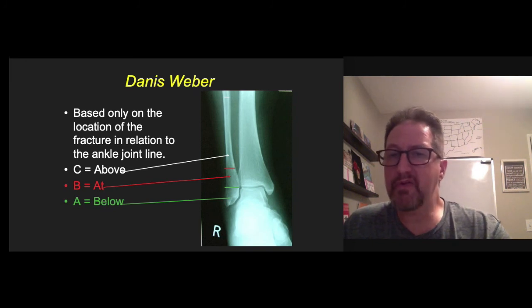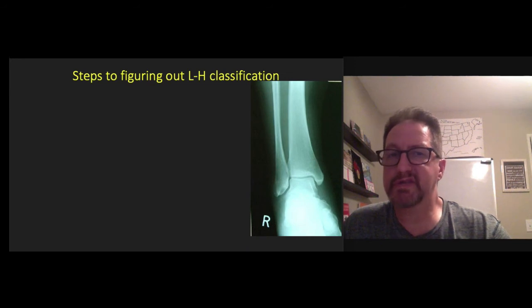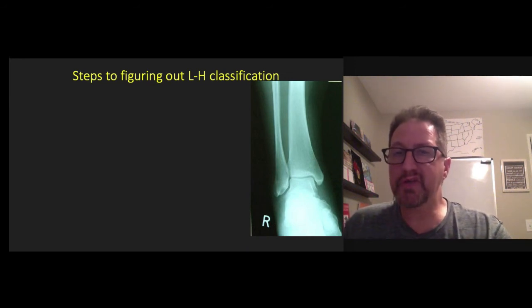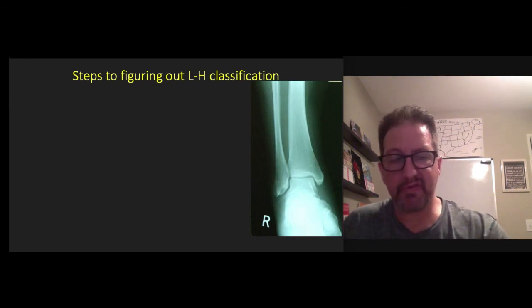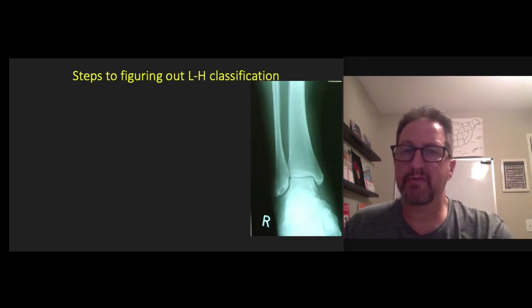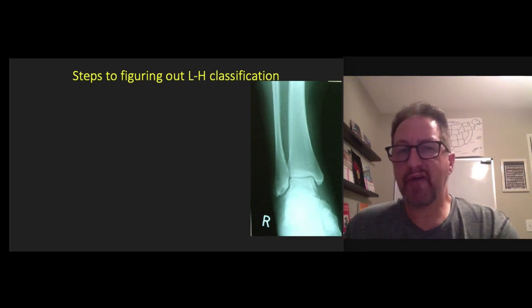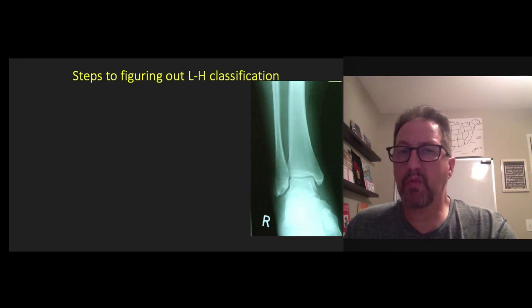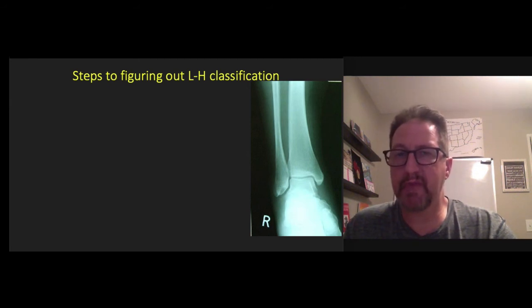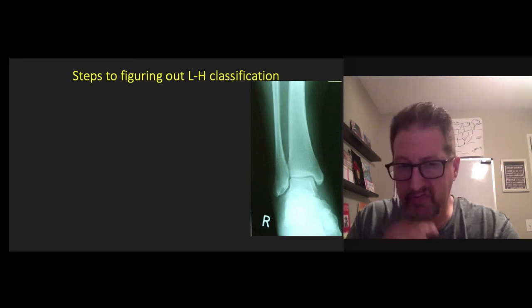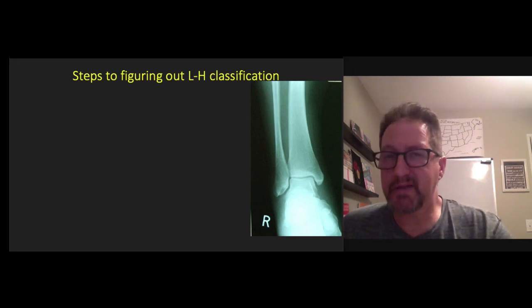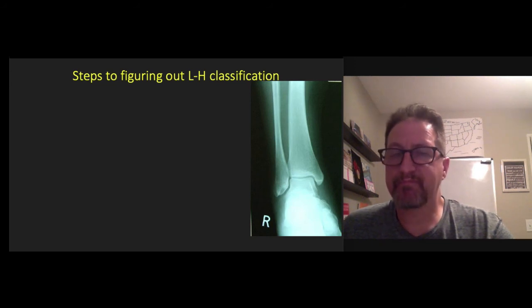Now you'll need to know that in order to help you figure out the next classification, which is the Lauge-Hansen. You can just memorize this, and that's fine, but there is an easier way to do this. If I have an ankle fracture and I'm trying to figure out what the Lauge-Hansen classification is, first, if you haven't watched the video for this, stop this presentation and go watch it, because you're going to need to know this.